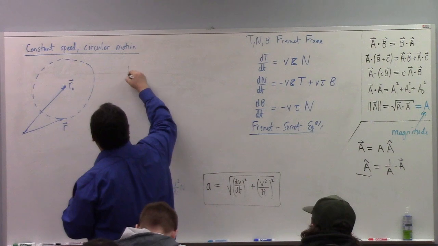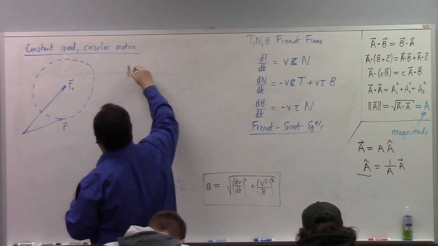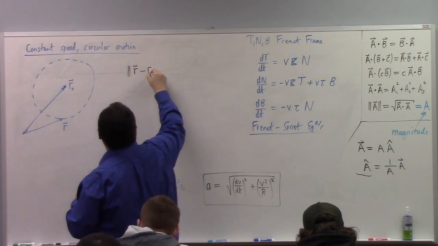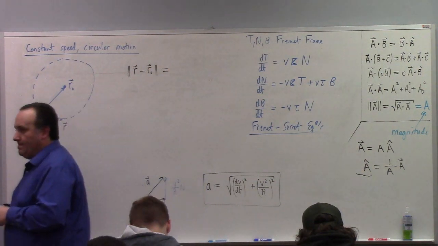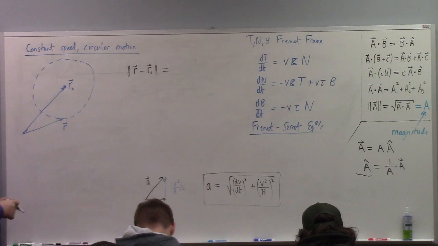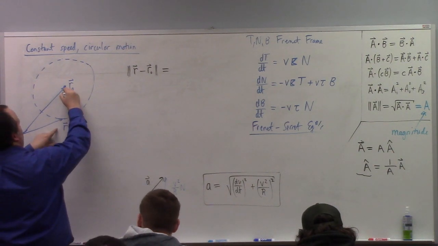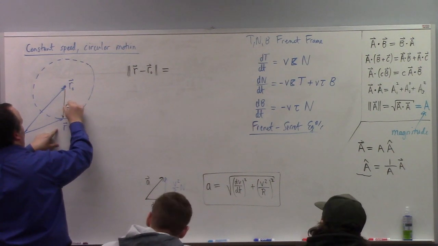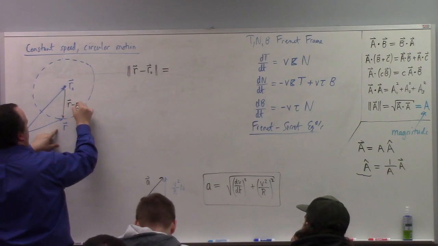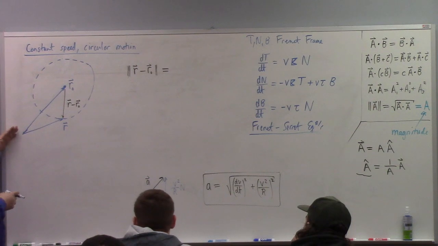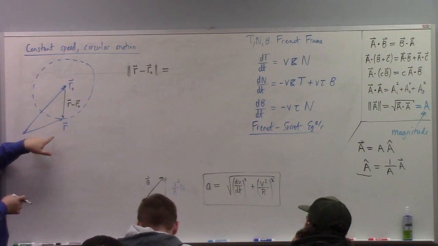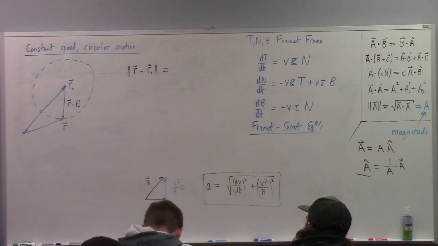Like, what should I say? The length of R minus R naught equals to what? So R minus R naught is this vector, right? If I add R naught plus the black vector, I get the lower vector, vector addition works, tip to tail, formula's right.